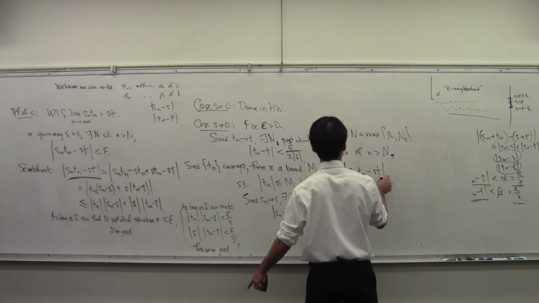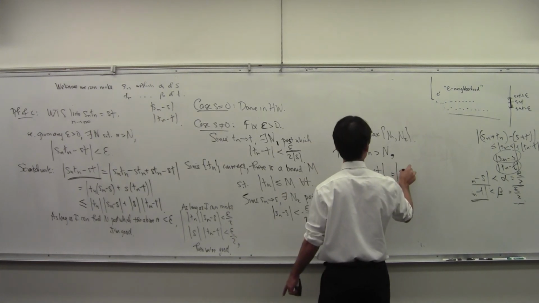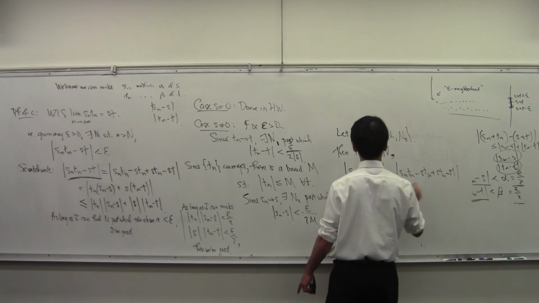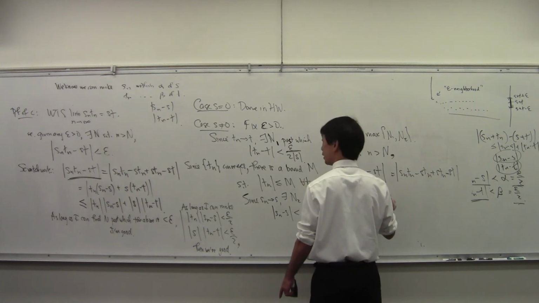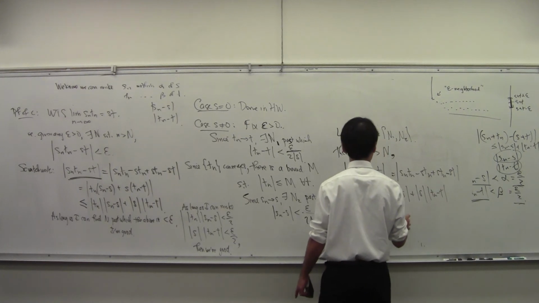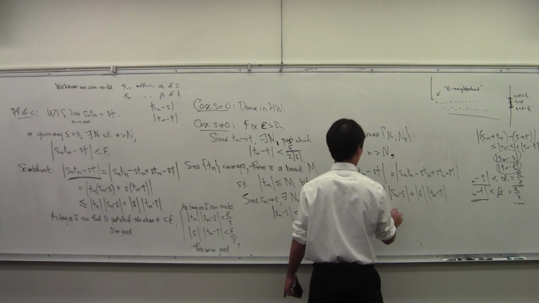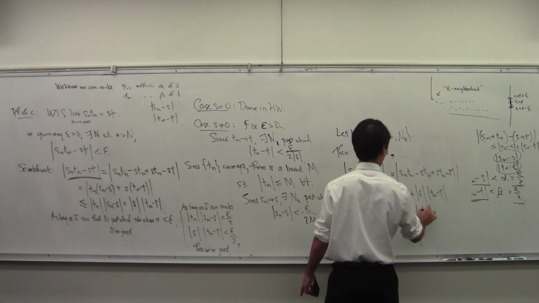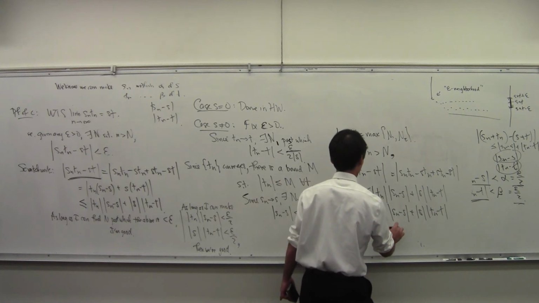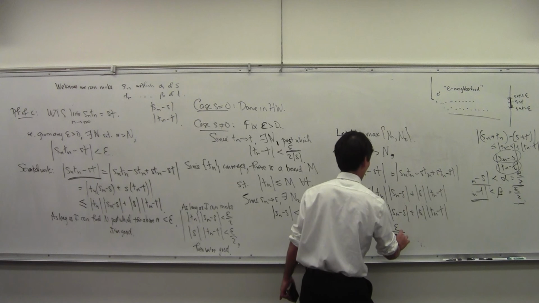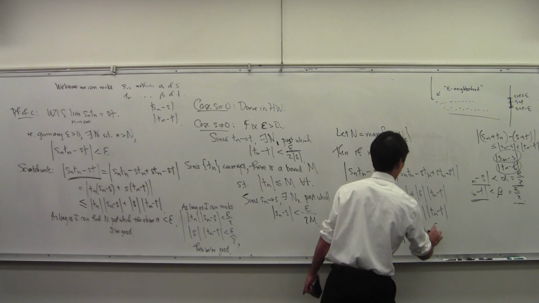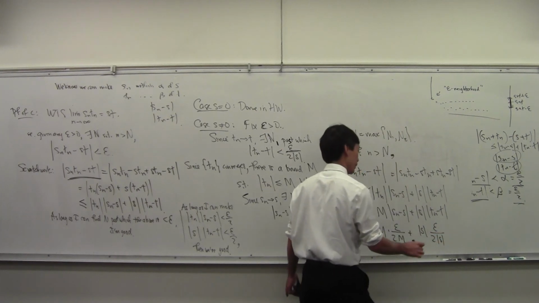SnTn minus ST, which equals SnTn minus STn plus STn minus ST, which is smaller than |Tn||Sn minus S| plus |S||Tn minus T|, which is smaller than M|Sn minus S| plus |S||Tn minus T|, which is smaller than epsilon times M over 2M plus epsilon over 2 times the absolute value of S times the absolute value of S, which is epsilon.